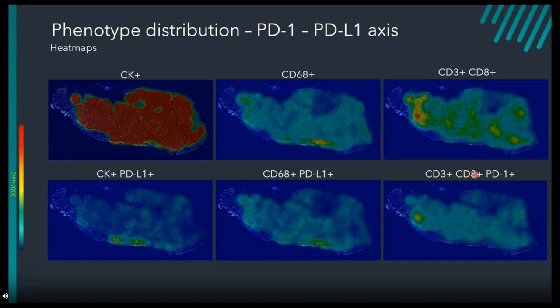And the CD3, CD8, PD-1 triple positive cells are mainly around the whole tumor tissue and are also on the tumor epithelium.